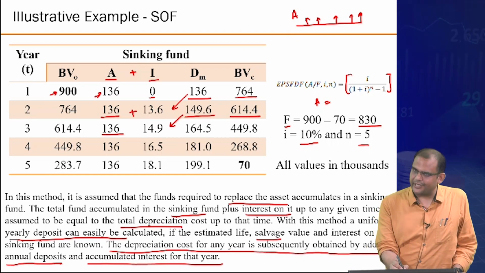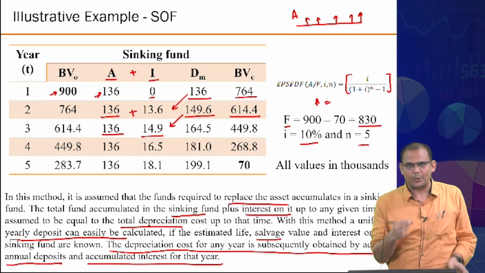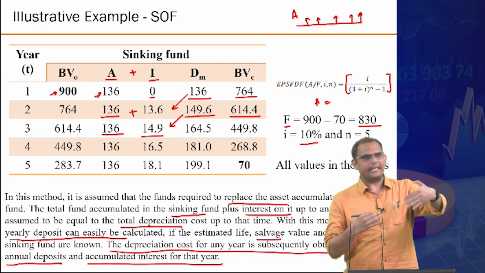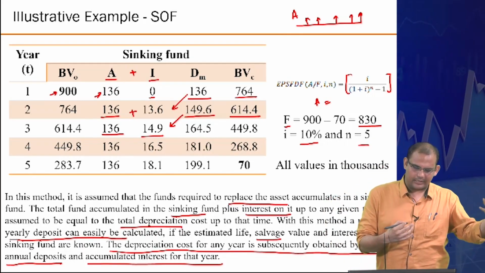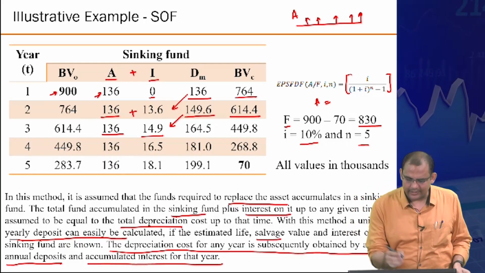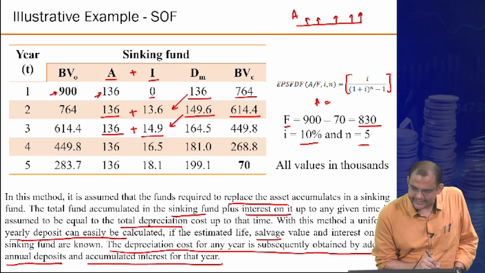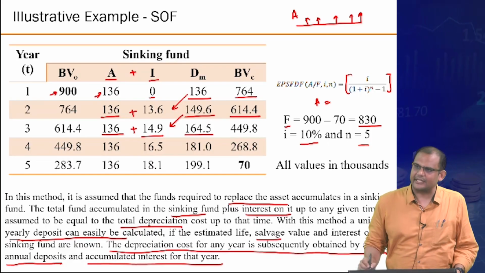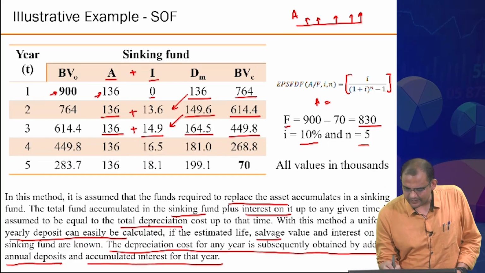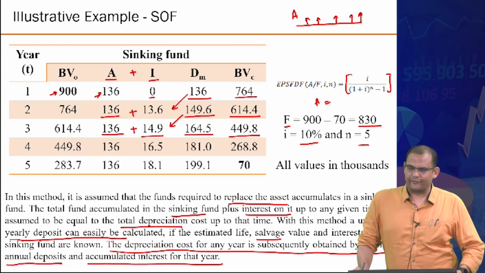Here, this is 149.6, so 14.9 is the total interest that this A series of 2 periods has accumulated. So the total in this case is 136 plus 14.9, 164.45. The book value becomes 449.8.